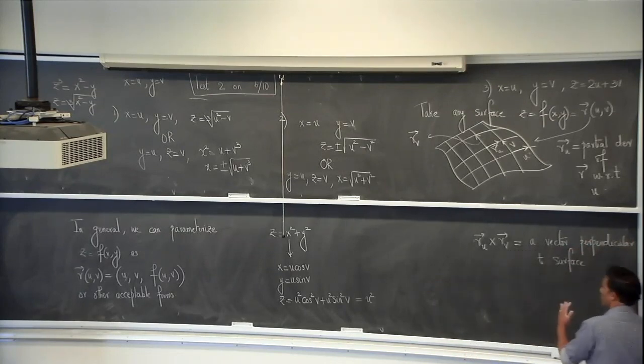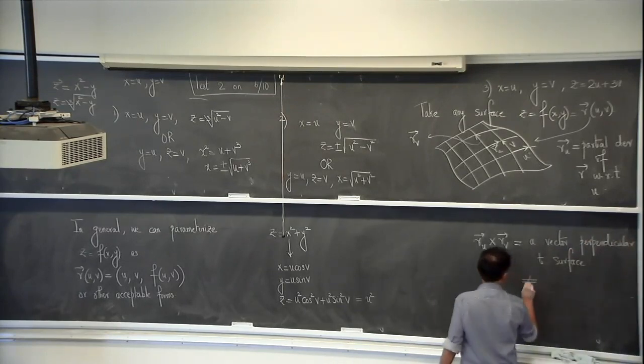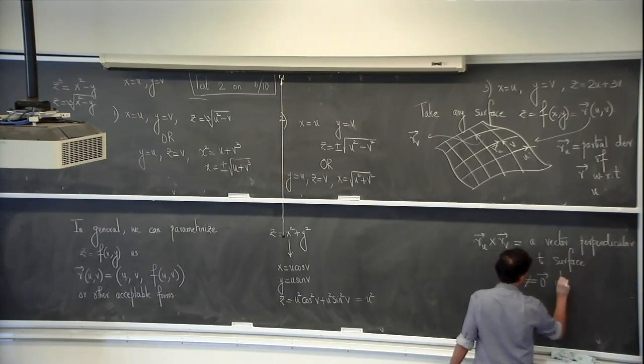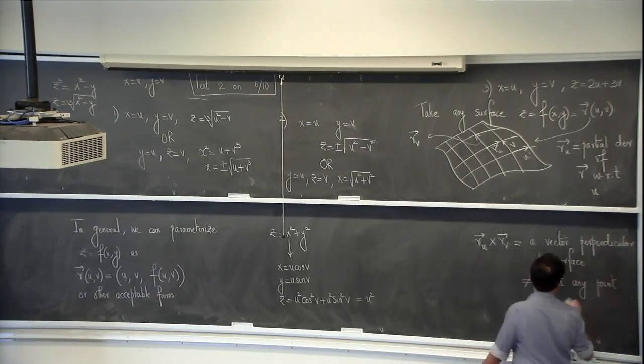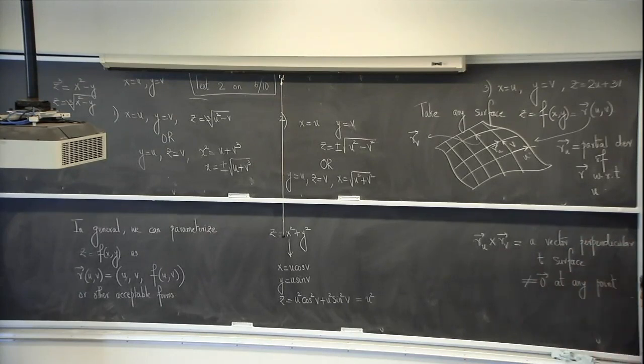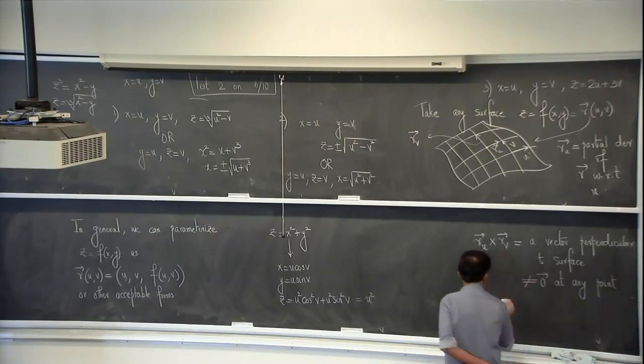This vector should not be equal to 0, because if it is, then the surface is not meaningful. So this should not be equal to 0 at any point. Because if it is equal to 0, that means there is no normal vector. That means we are kind of standing on a surface which has no orientation. If it is not equal to 0, we say that the surface is locally regular.